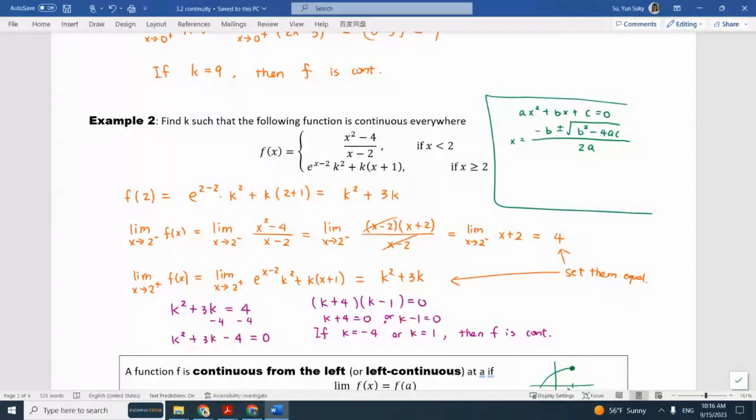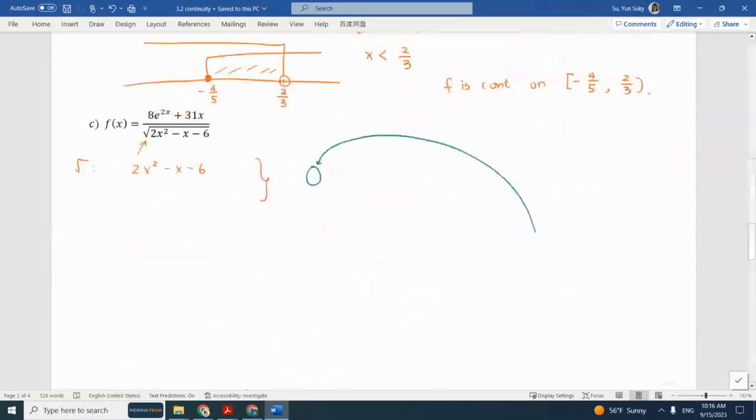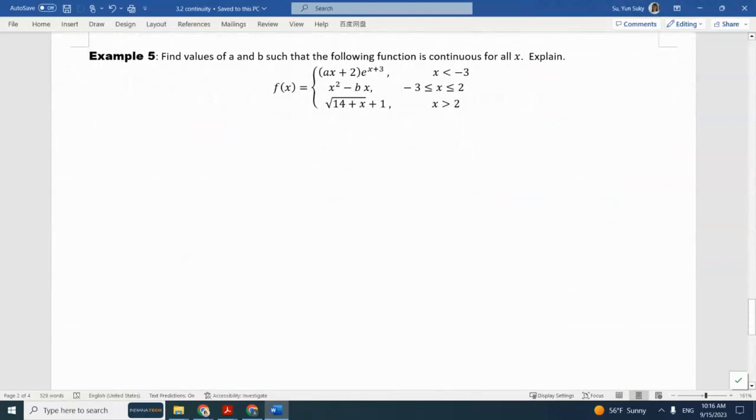You want to find the k such that those two pieces meet, right, everybody? So this problem just increased the difficulty. You have three pieces, but it's the same idea. You want it to be continuous. So your first piece is better to connect with the second piece, and the second is better to connect with the third piece. Do you agree?